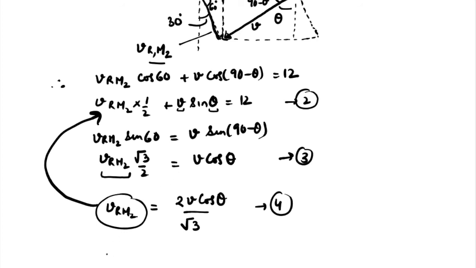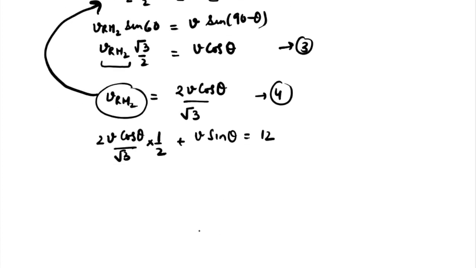So Vrm2, when we substitute here, we get 2V cos theta over root 3 into half plus V sin theta is equal to 12.